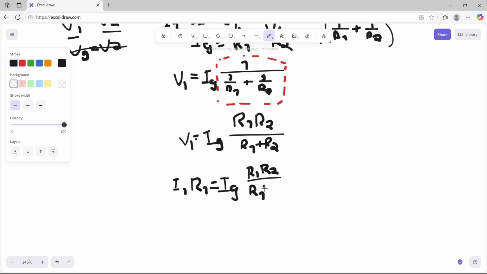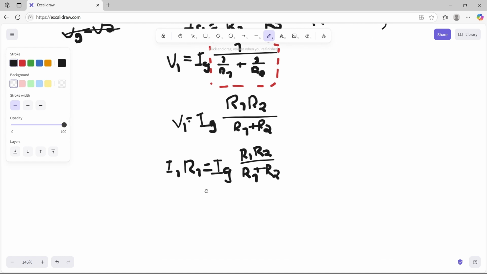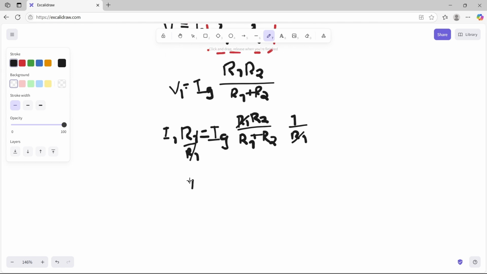So we have R1 R2 over R1 plus R2, once again our parallel resistance equation. Well, if I want to calculate I1, I just divide by R1. So divide by R1, multiply all of this by 1 over R1, these cancel, and then look, R1 cancels, R1 cancels, and so we get to I1 equals IG times R2 over R1 plus R2.